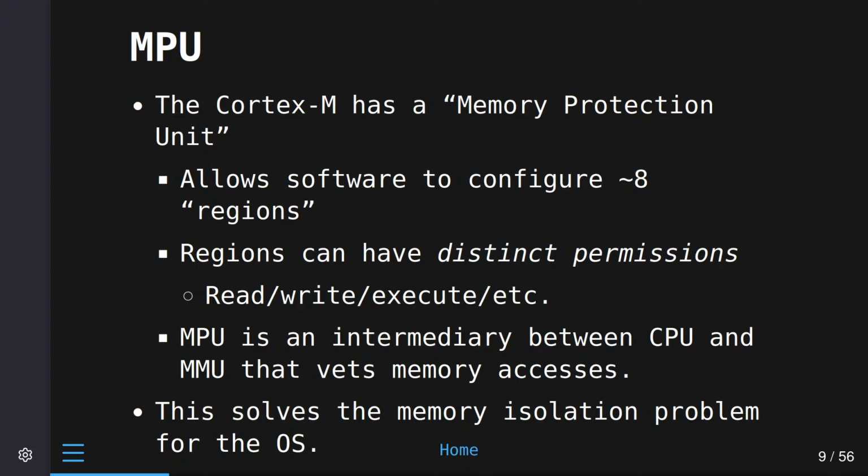So the Cortex-M has an MPU. The MPU is programmable. It allows software to configure 8-ish, plus or minus, it doesn't actually matter how many, regions of memory. Why do we say regions? It, to me at least, makes sense to think of memory geospatially because it used to live on tapes, which are linear, easy to think of geospatially.